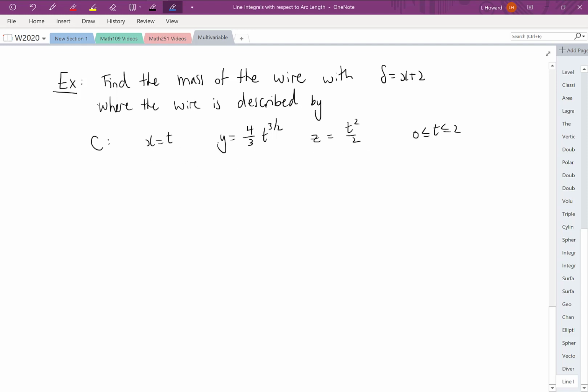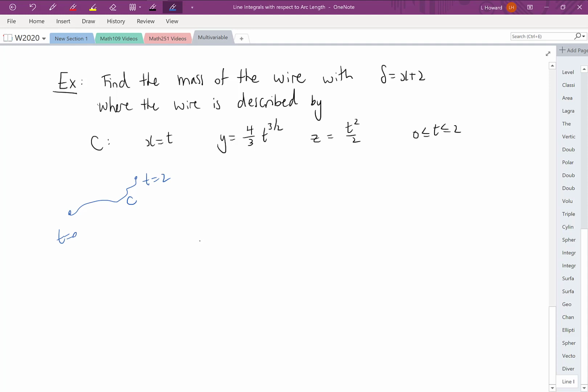So we've got this curve in 3D. We're describing how the x, y, and z coordinates change as the t values range from 0 to 2. So basically at t equals 0, we're mapping out some point in space. At t equals 2, we're mapping out some other point. And then as those t values vary, our curve is moving in some way through three-dimensional space.